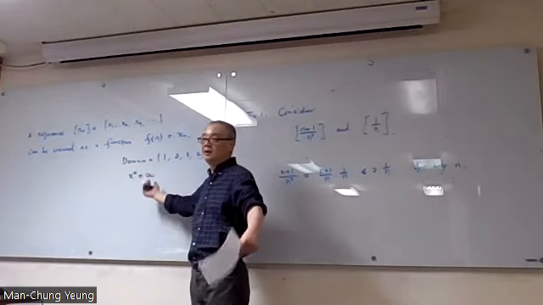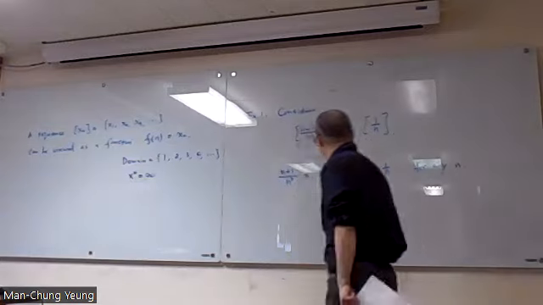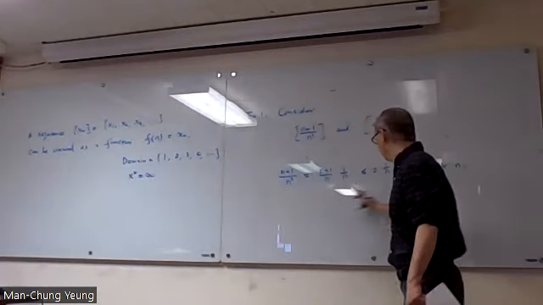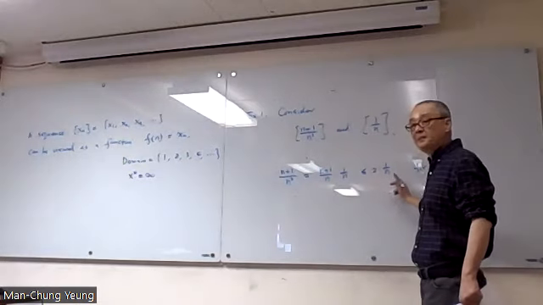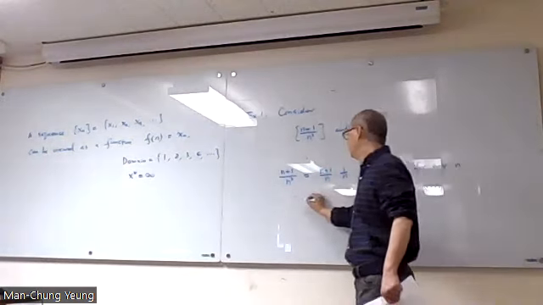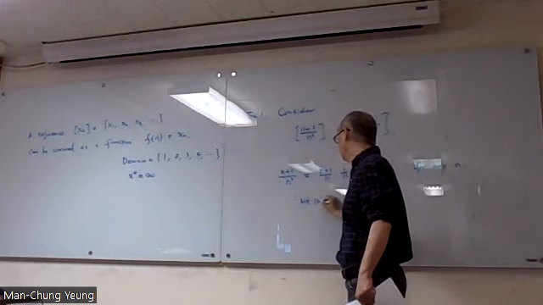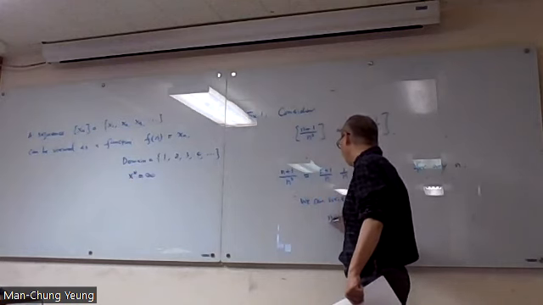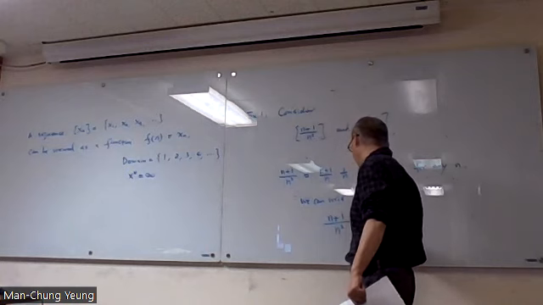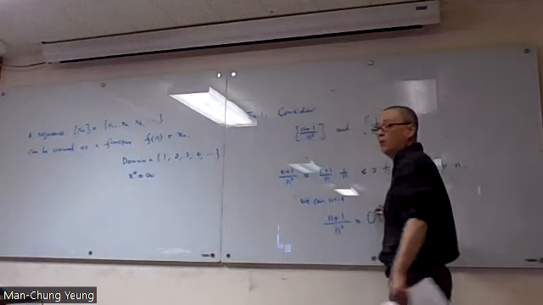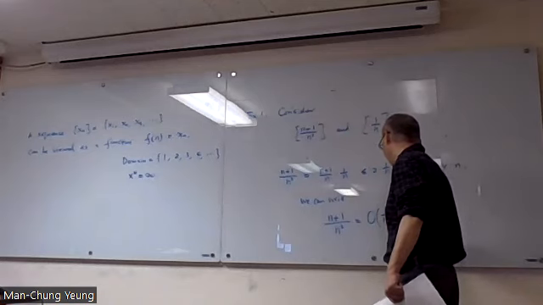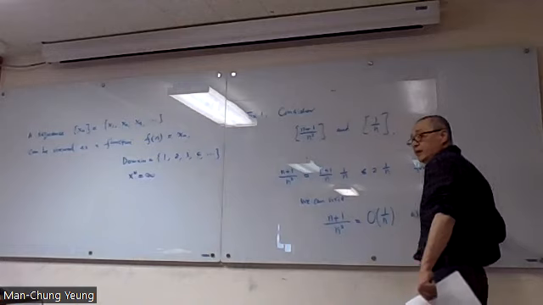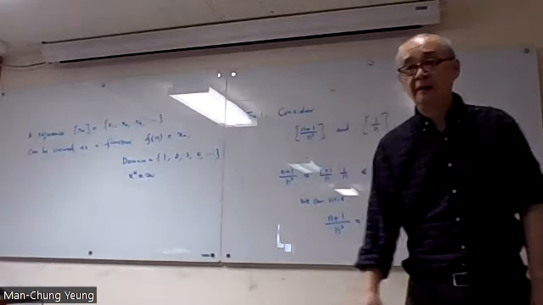In the neighborhood, this is bounded by a constant times this. So we can write n plus 1 over n squared is big O of 1 over n, as n approaches infinity.